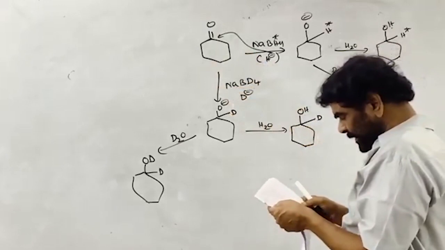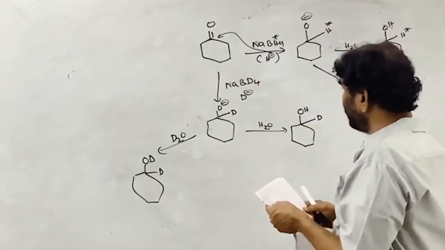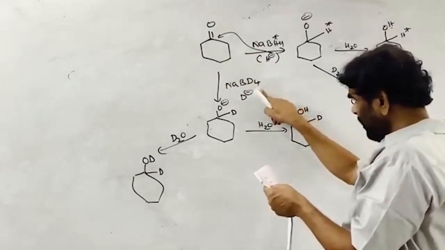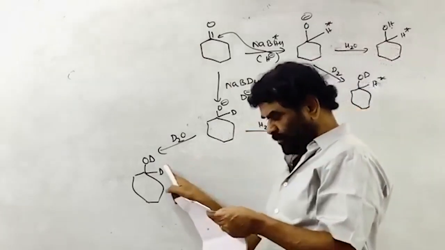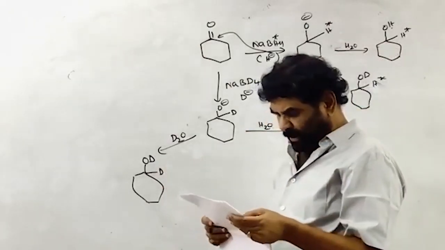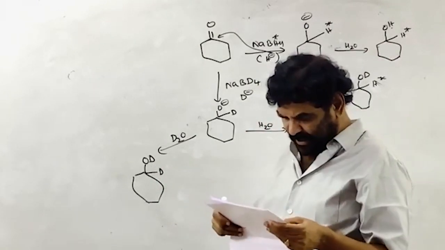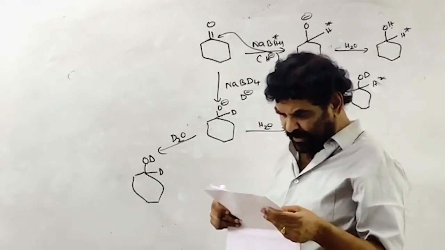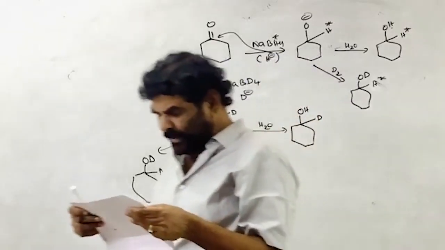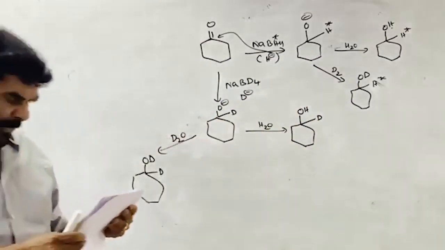And now it is treated with NaBD4 followed by D2O. What is the product formed? In both cases D should be there. That is P, which is the correct one for B.